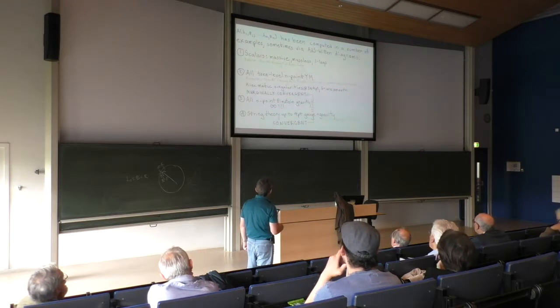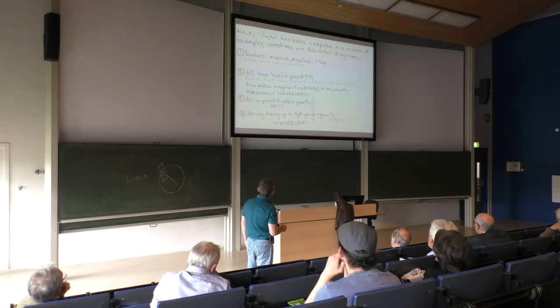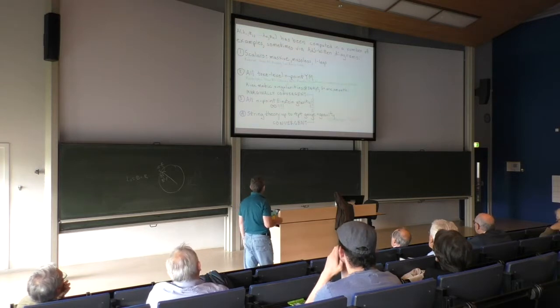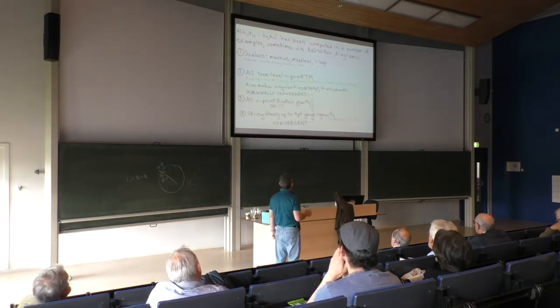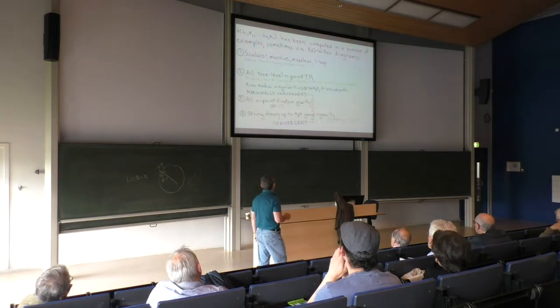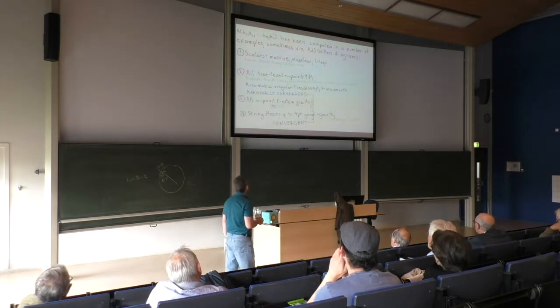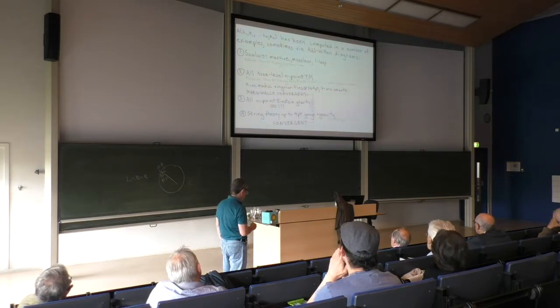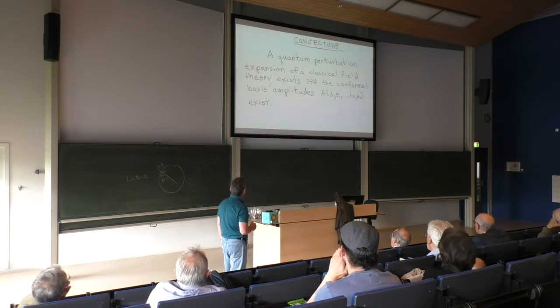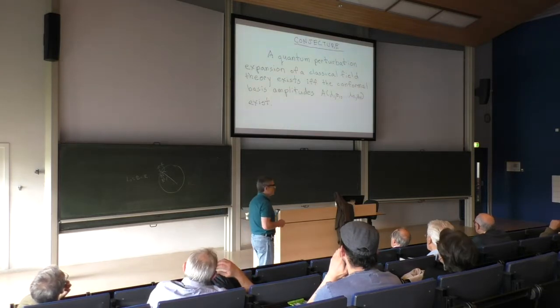It doesn't work in Einstein gravity. It does work, it's been done by Stieberger and Taylor in string theory. And indeed, you probably want to define the Yang-Mills amplitudes, because of these divergences you don't know how to deal with, by embedding it in something like string theory and then taking the alpha prime goes to zero limit. So it's interesting that there are ultraviolet divergences already at tree level.